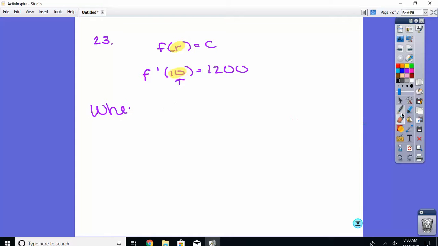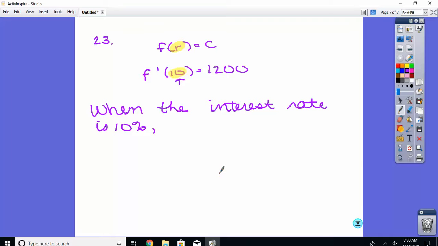So let's say when the interest rate is 10%, you have to use that number in there somewhere. Now is this saying my cost is $1,200? No, it's how the cost is changing. So it is positive, so the cost is increasing by $1,200.